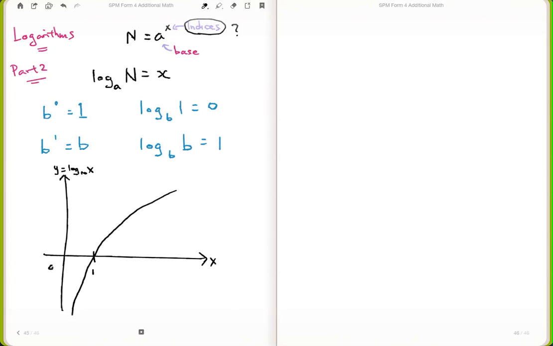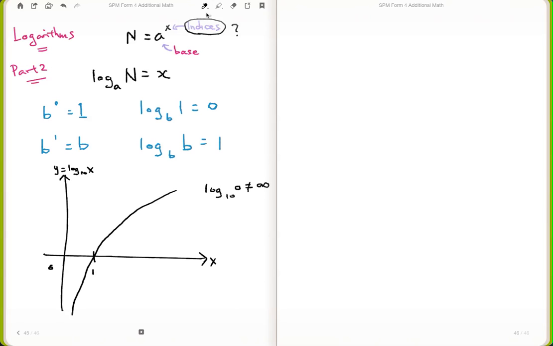Here's 0. This is the graph for log x. There's no way that you get log 10 of 0. It's infinity, undefined. There's no way to be 0.